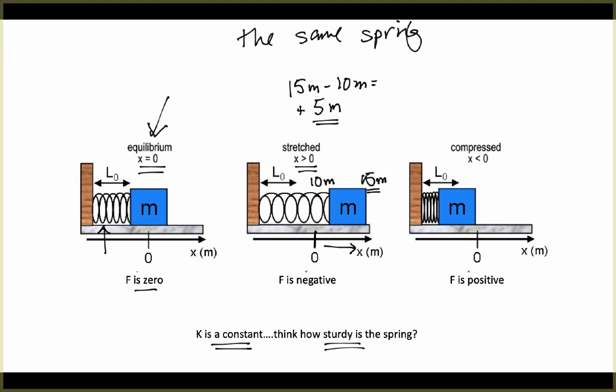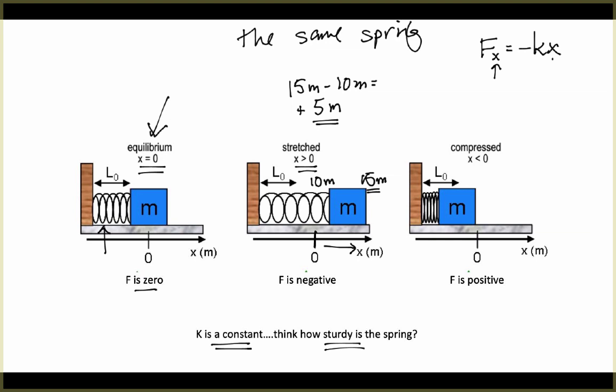Remember, if you have the equation F of X equals minus KX, this X is just talking about how much change you're seeing, right? So if you're given the force and you're given how much it's moved, you can figure out the constant for the spring, or how sturdy it is, or how resistant it is to forces.